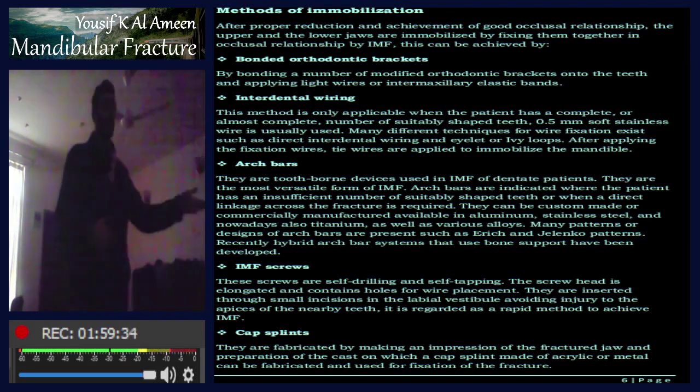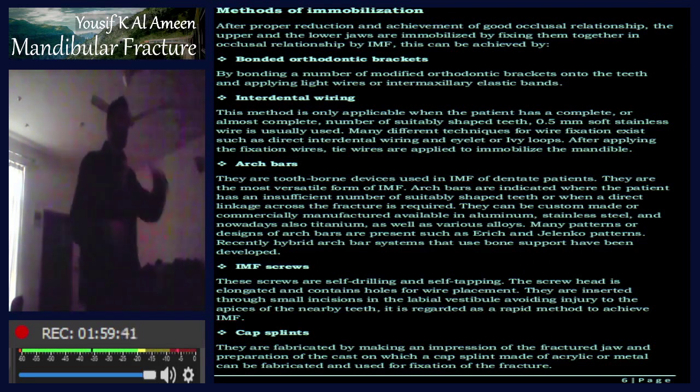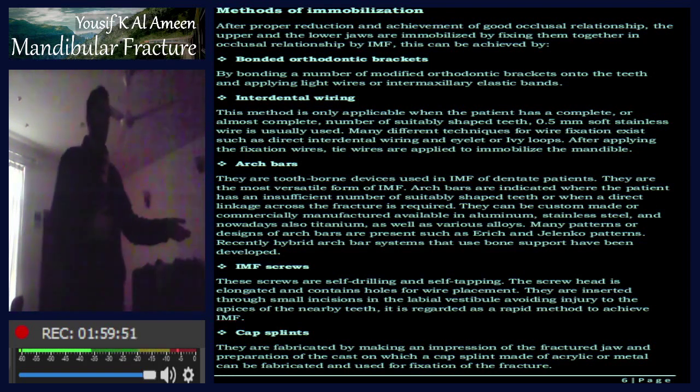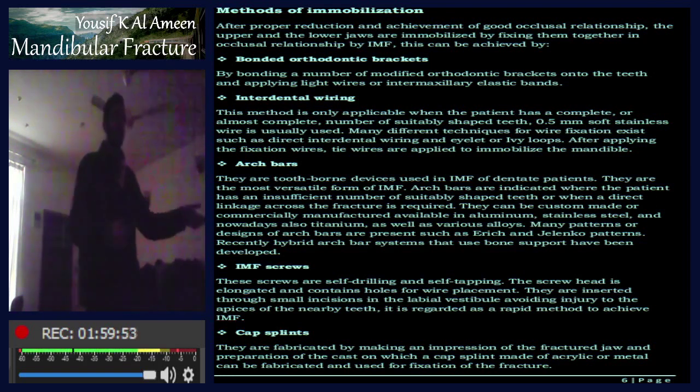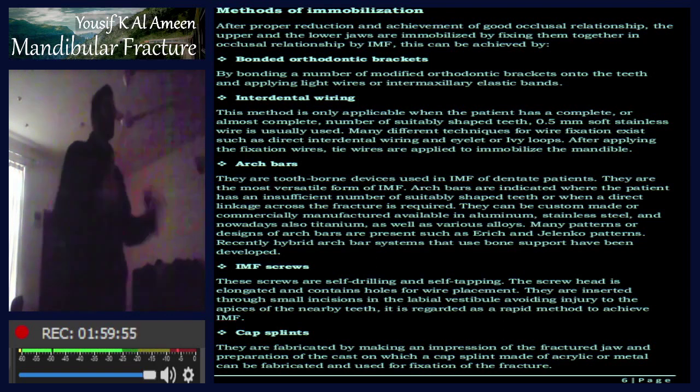They are the most versatile form of intermaxillary fixation. Arch bars are indicated where the patient has an insufficient number of suitably shaped teeth, or when a direct linkage across the fracture is required.